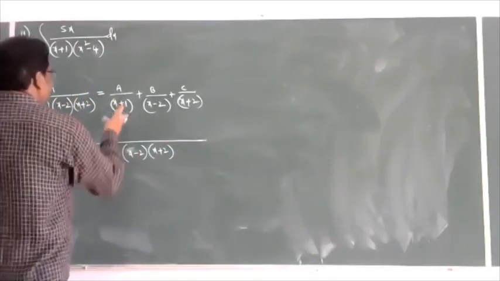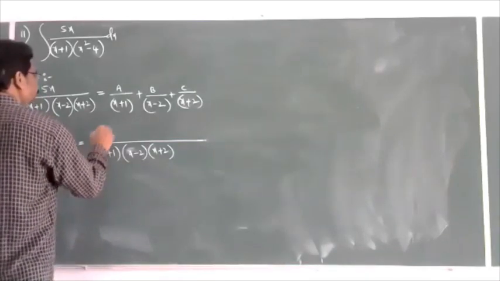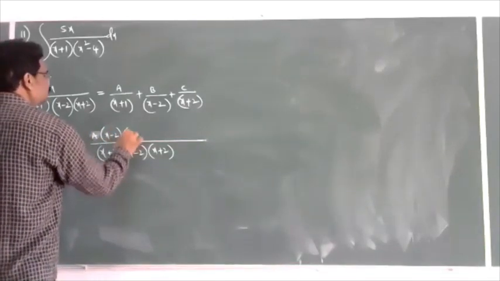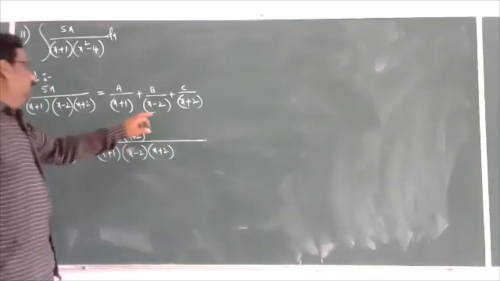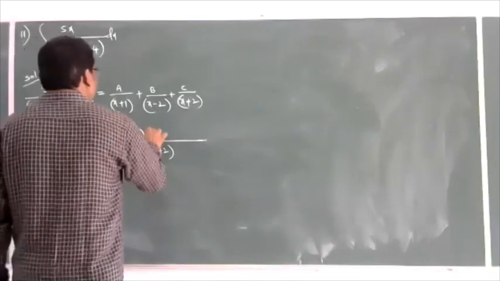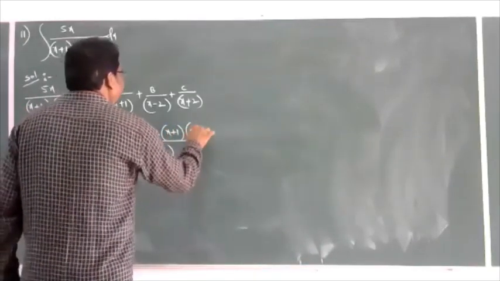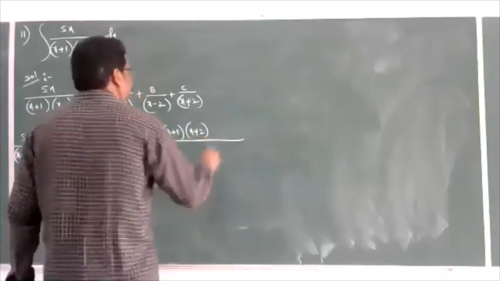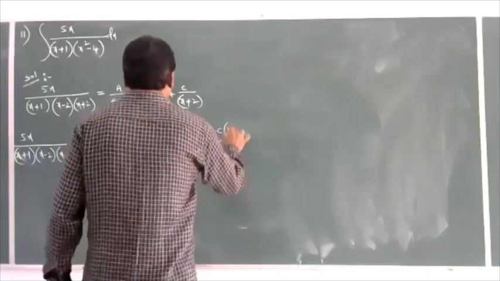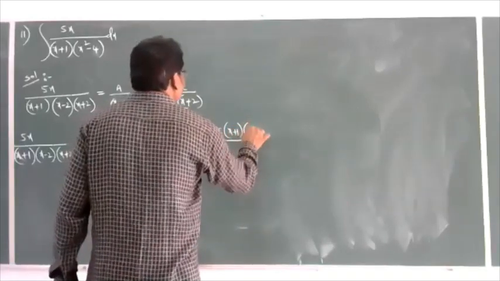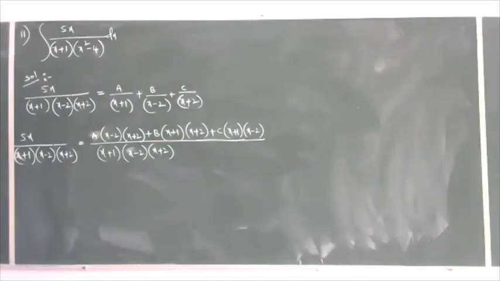That is, (x plus 1) cancels, A into (x minus 2) into (x plus 2); (x minus 2) cancels, plus B into (x plus 1) into (x plus 2); (x plus 2) cancels, plus C into (x plus 1) into (x minus 2).